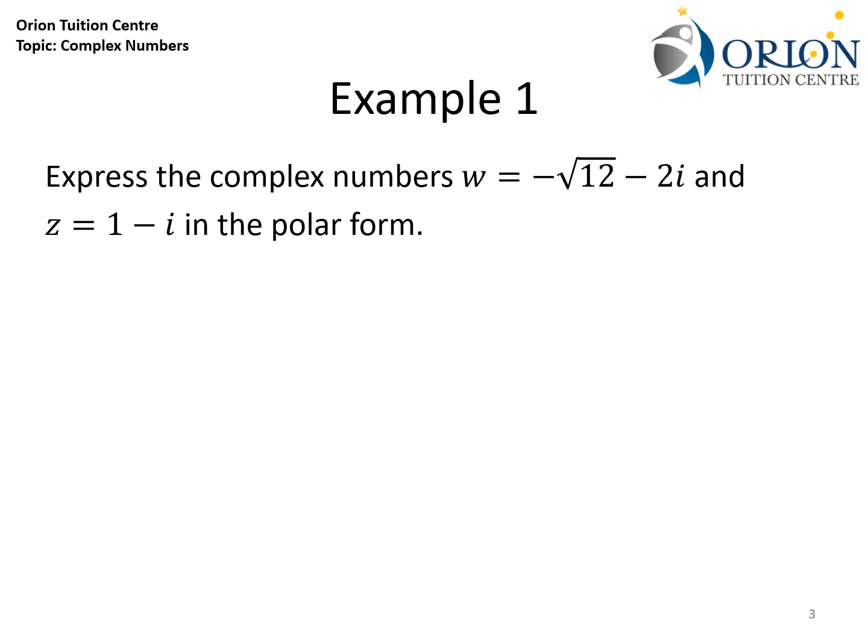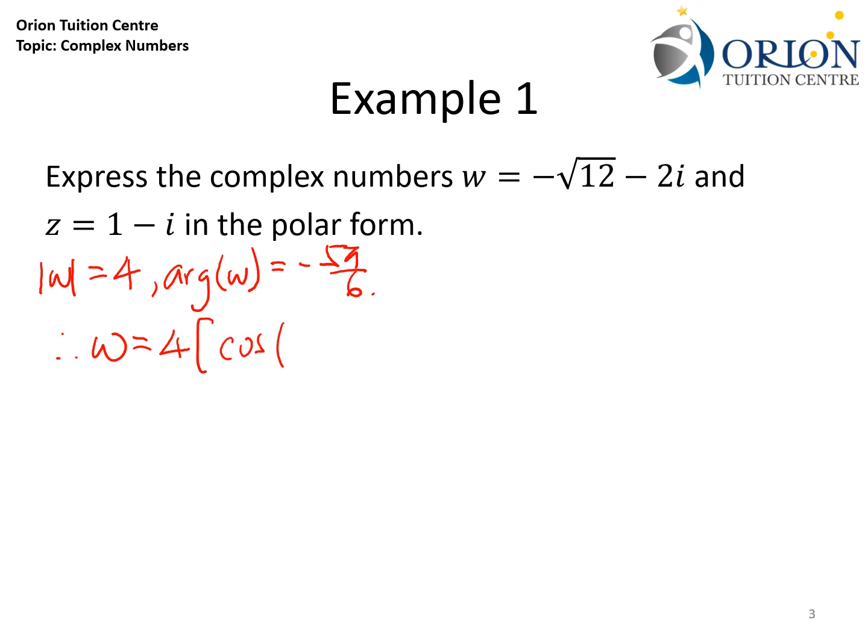So for the complex number w, the modulus will be 4 and the argument will be equal to negative 5 pi over 6. Therefore, we can say that the complex number w is equal to 4 multiplied by cosine negative 5 pi over 6 plus i sine negative 5 pi over 6.